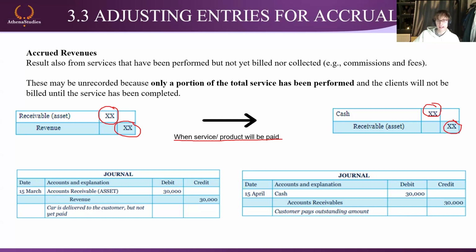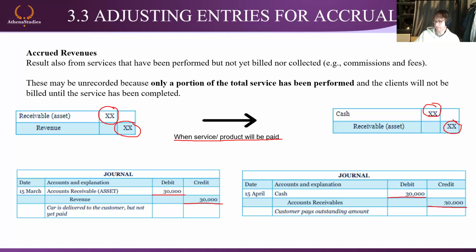So, car is delivered to the customer, but not yet paid, right? So I've delivered my service, but you guys have not yet paid, so you owe me, which is good for me. That's an asset. And then you guys pay me, bam, 30K. So I gained 30K, whatever, currency doesn't matter. And you guys no longer owe me 30,000.